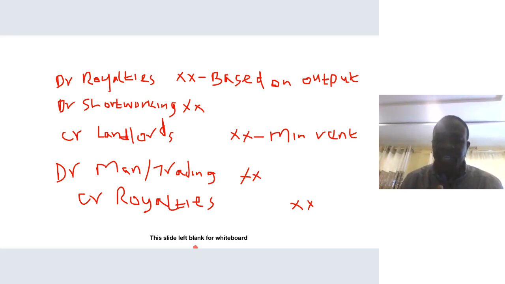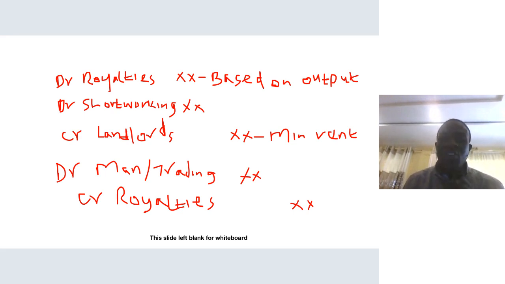So for that particular period. But now in the future years, when the royalties based on output exceed the minimum rent, the entries to be made are: one, you debit the royalties account with the amount based on output.